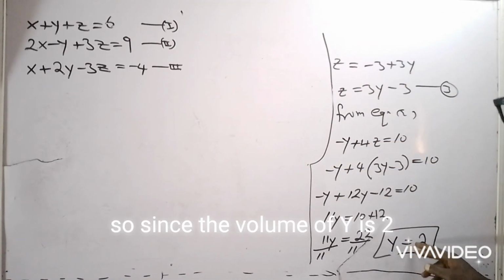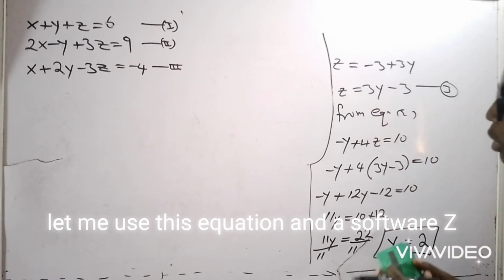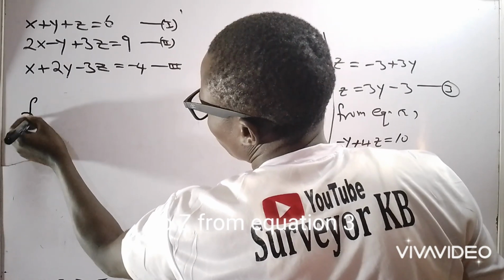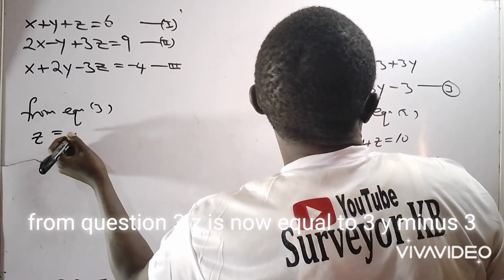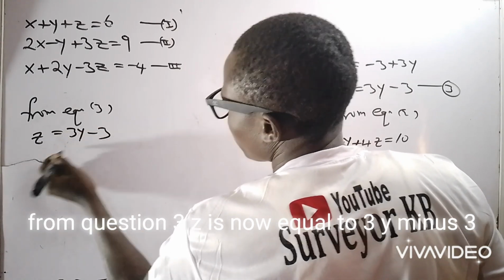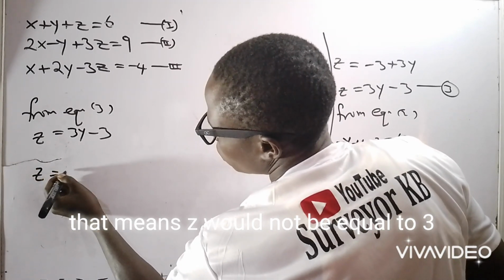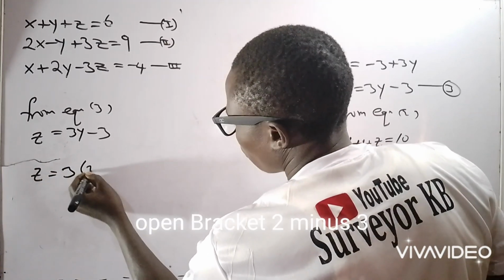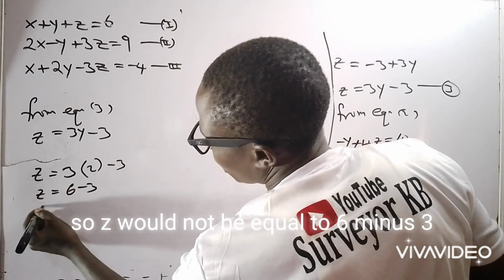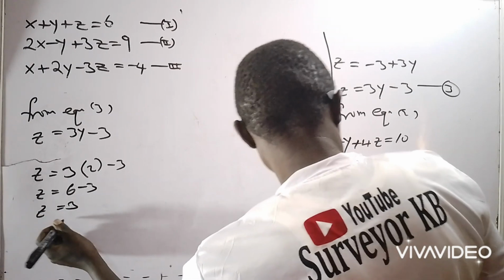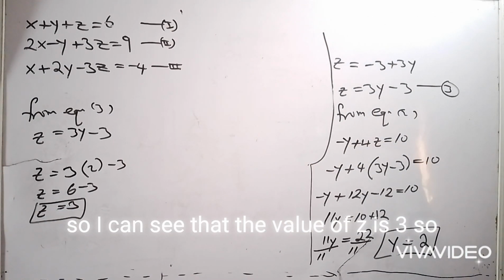Since the value of y is 2, let me use this equation and solve for z. From equation 3, z equals 3y minus 3. If y is 2, then z equals 3 open bracket 2 close bracket minus 3. So z equals 6 minus 3, and z equals 3. So I can see that the value of z is 3.